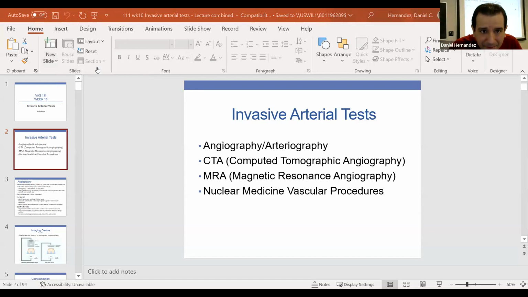No. Let's see, table of contents. Sorry. This was the final one.